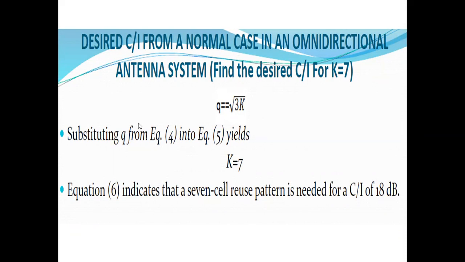This was the concept of the desired C by I for a normal case in an omnidirectional antenna. Omnidirectional means my antenna transmits the signals in all the directions.